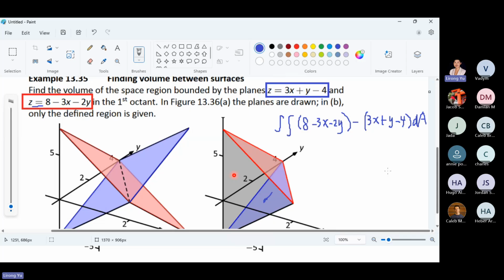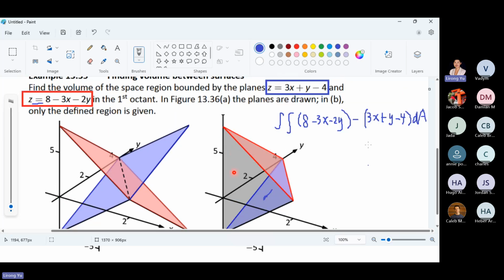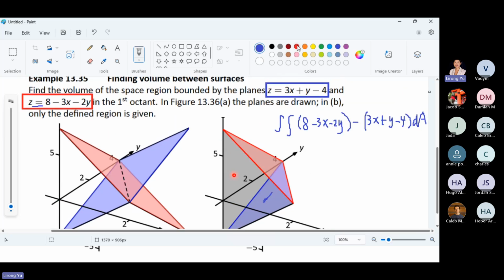But I want to explain how we get that integration region identified. When you see this, it looks like we have to integrate with respect to the variable x or y, so the dA part has to be identified. It's a triangular region, so we identify that, and you will identify what exactly this line is.